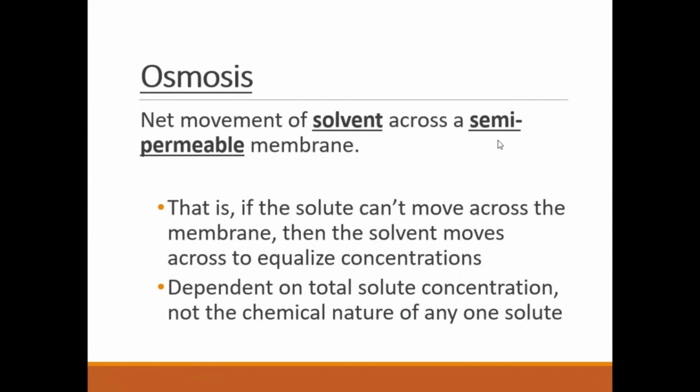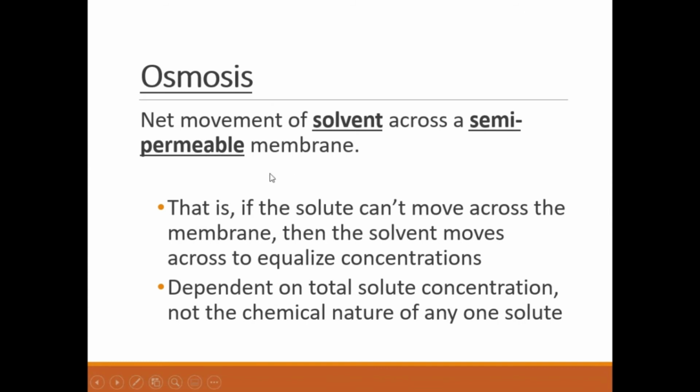Now, if we have solutes present that cannot diffuse across the membrane, then we open up the opportunity to have a different type of transport called osmosis. In order for osmosis to occur, you have to have a solute present that is unable to cross the membrane.